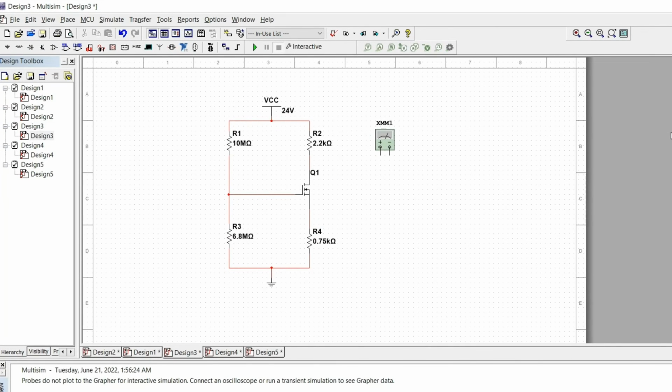Alright, we're gonna go for the simulation. First of all, we're gonna go for the VDS. So we're gonna take the multimeter and put it right here.